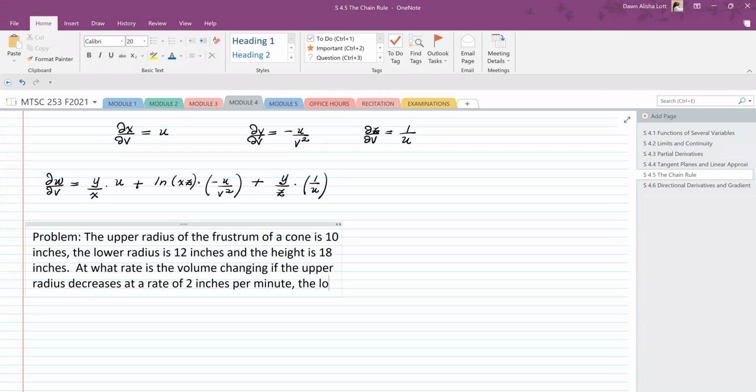The lower radius increases at a rate of 3 inches per minute, and the height decreases at a rate of 4 inches per minute.